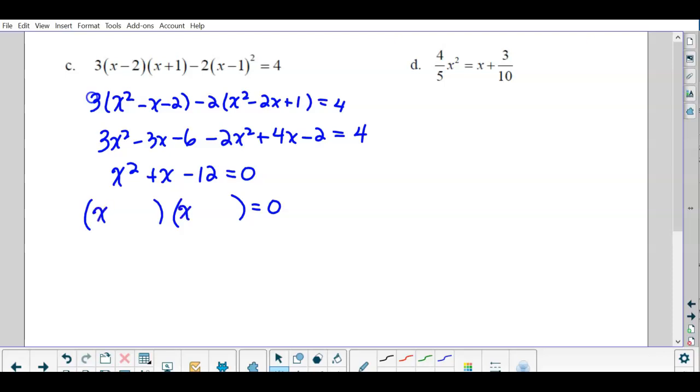So x is to start, two numbers that multiply to -12, add to 1. Means they have to be 1 apart, right? So 4 and 3, where 4 is positive and 3 is negative.